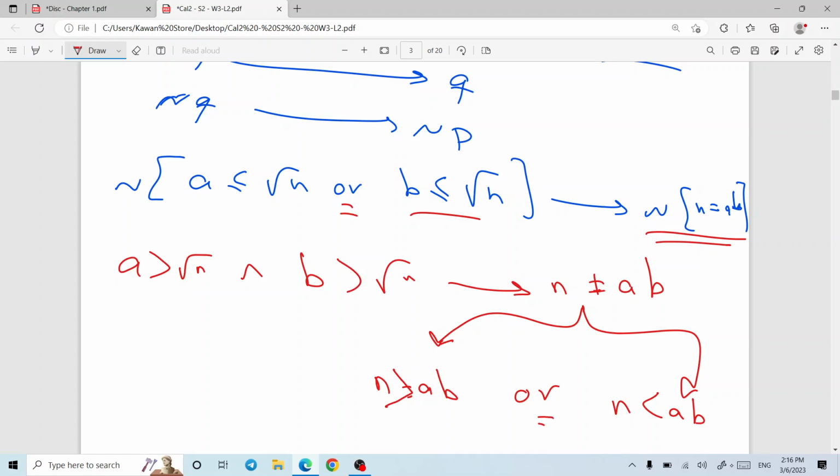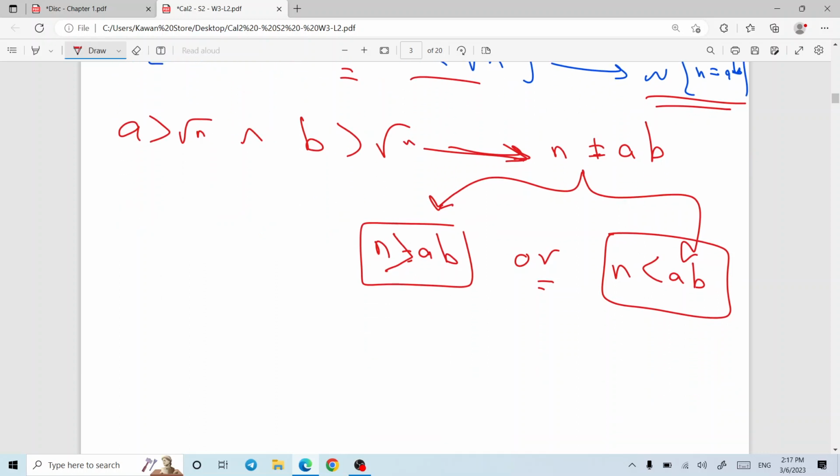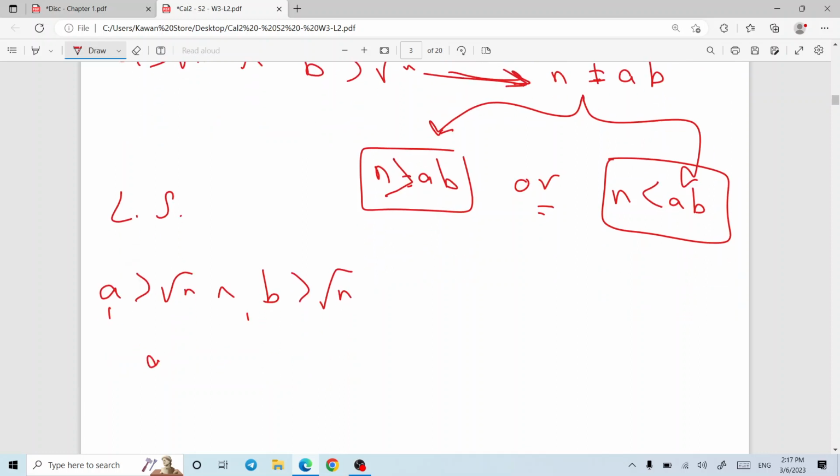So if I get one of them, it means that I prove it, right? Because there is "or" between them. So let me start with the first one. A greater than the square root of N and at the same time B greater than the square root of N. Okay, so how about multiplication? Now I start with the left side. The multiplication of these two, AB, will be greater than the square root of N times the square root of N. Am I right?